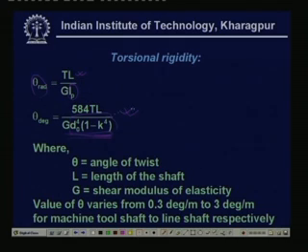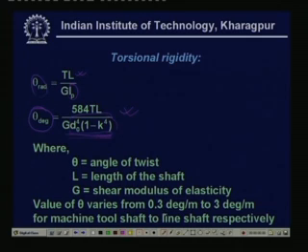In a similar manner, let me first give the notations: theta is the angle of twist, as I told, L is the length of the shaft, and G is the shear modulus of elasticity. Now, coming back to the idea, what is this particular limiting value of theta?